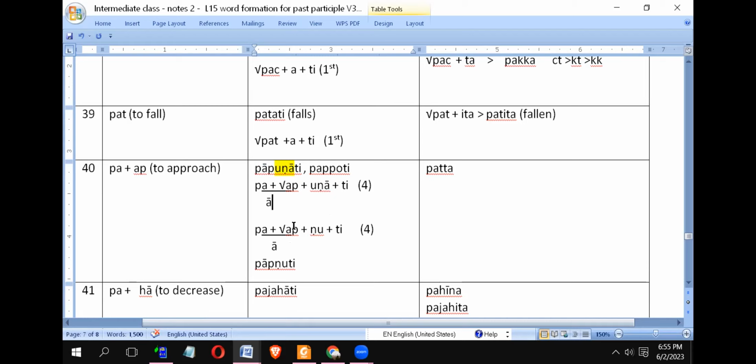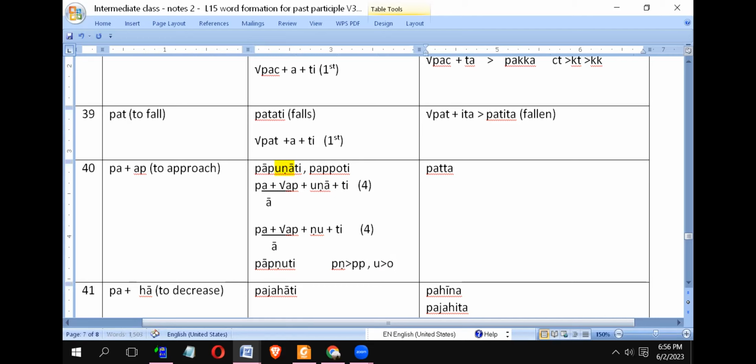But when you combine pa plus ap plus no, 2 A become long A, then you got the P and N here. Papuno. Then the P and N become PP. Then the U changes to O, because of the vowel change. We call it similar vowel.